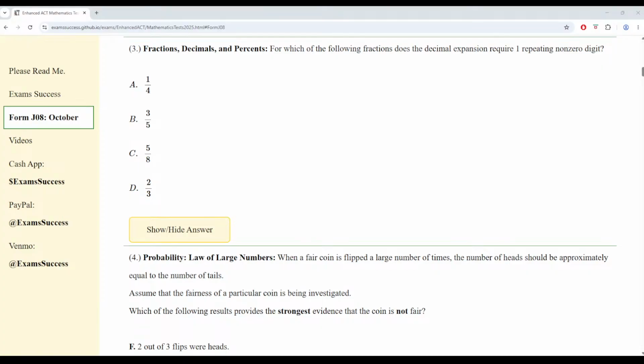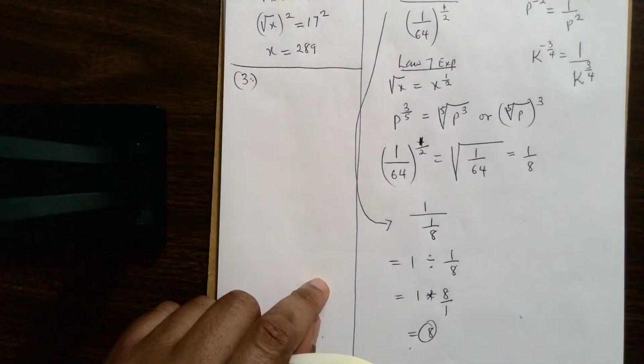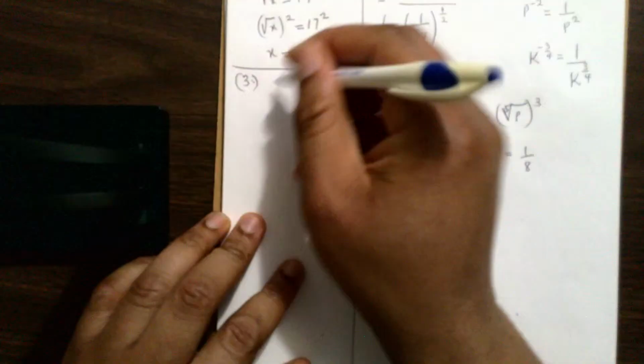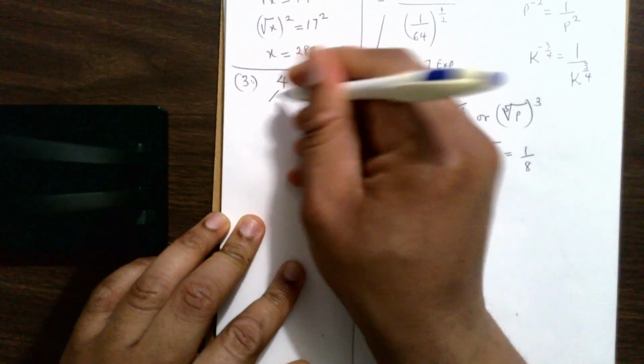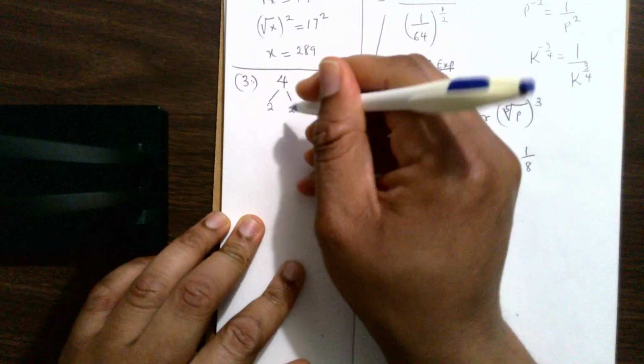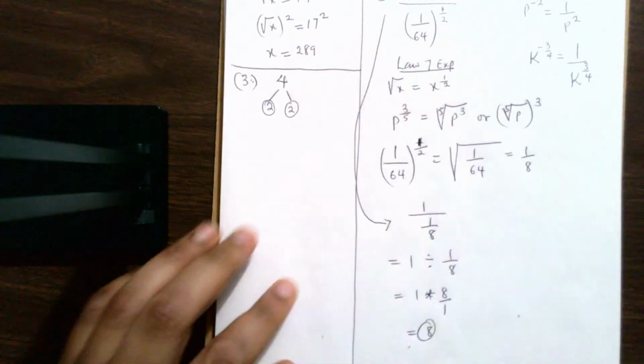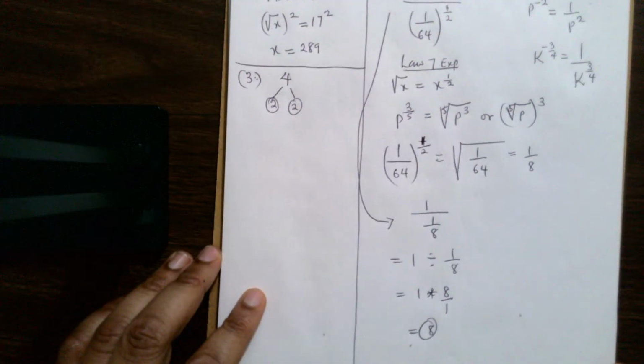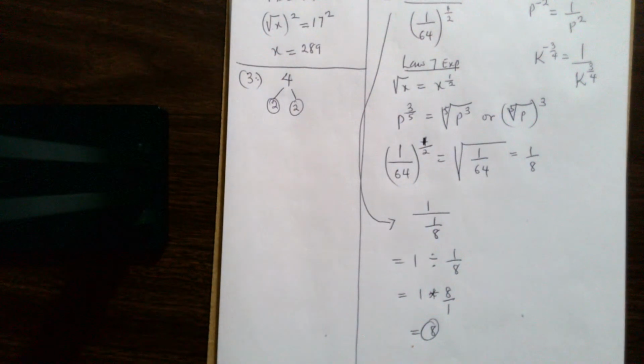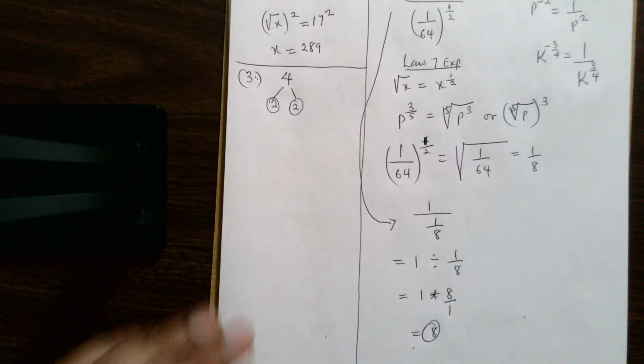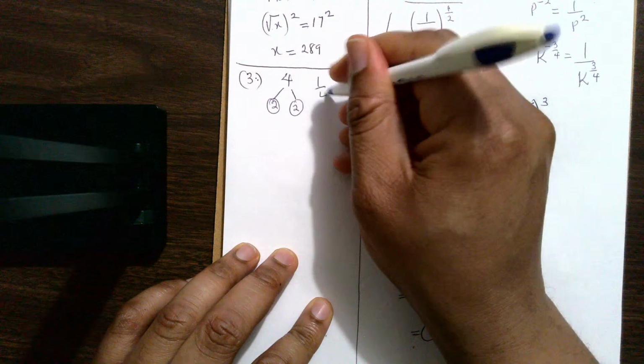So if we look at the options, 1 over 4. The denominator is 4. 4 is 2 and 2. These are the prime factors. So the fraction 1 over 4 is going to give us an exact decimal.